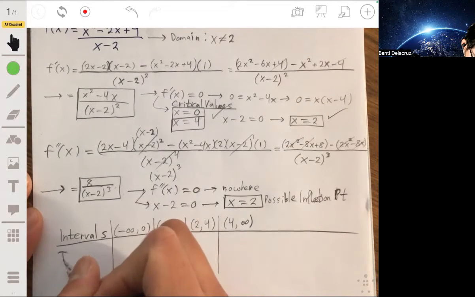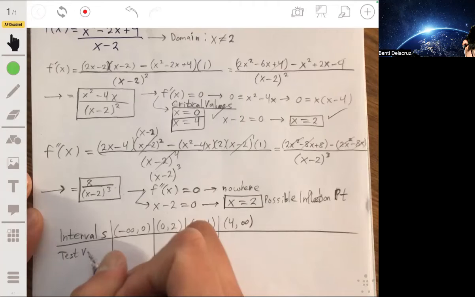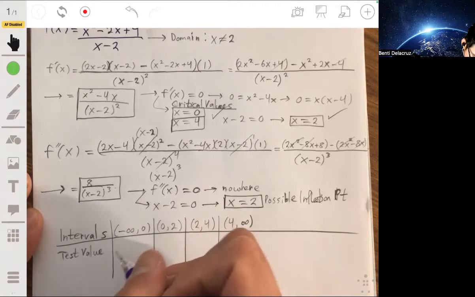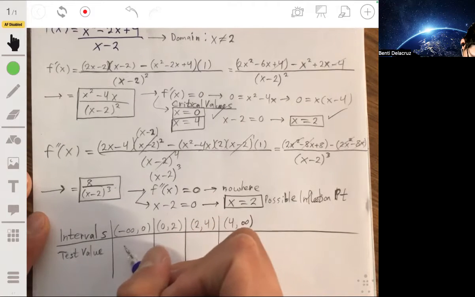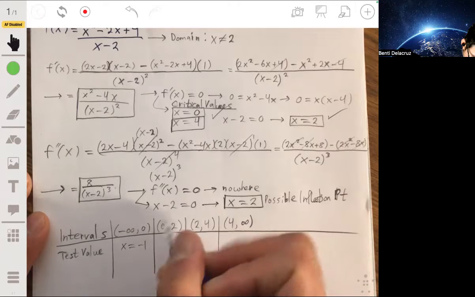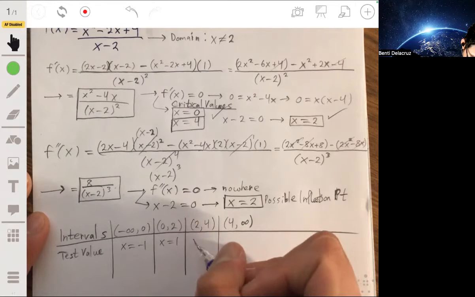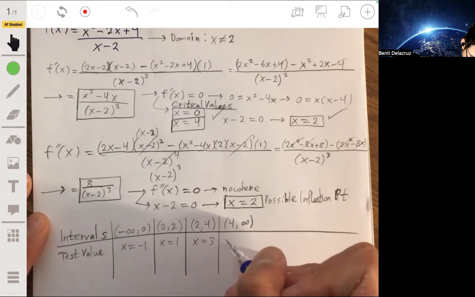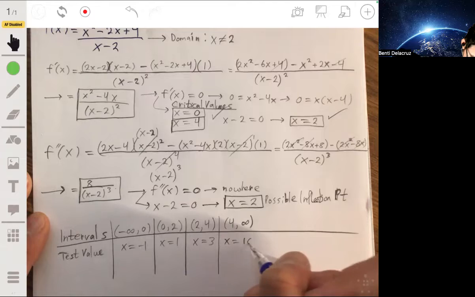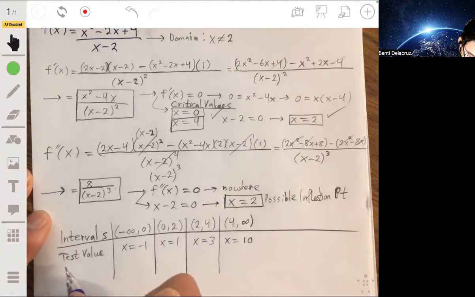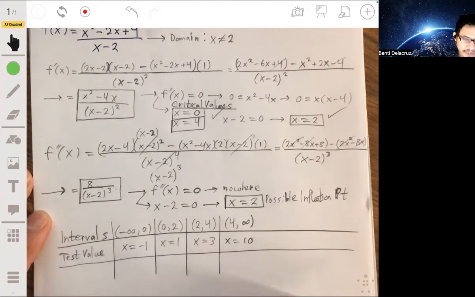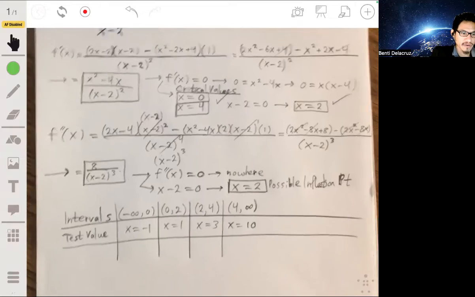And let's pick a test value. Pick an x value in each interval. So let's pick x is -1, x is 1 here, x is 3, and let's go x is 10. Then we can see what's going on with the first and second derivatives.